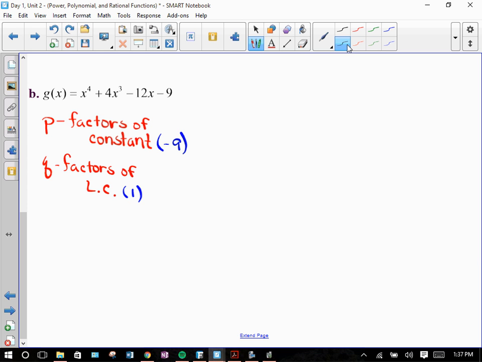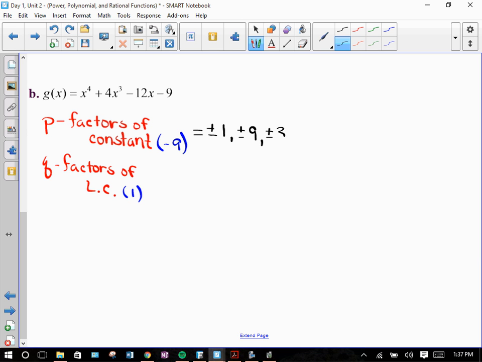So someone tell me, David, factors of 9. The -9 and 1. Now, we can also have +9 and -1. So I'm just going to put plus or minus 1, plus or minus 9, and plus or minus 3.